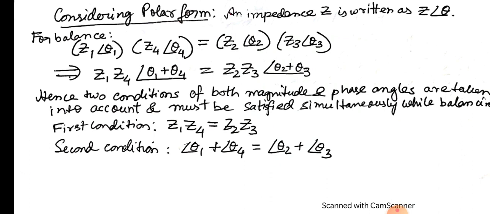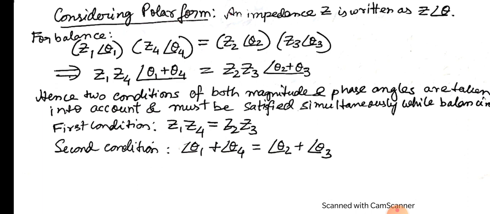So whenever you are multiplying Z1 and Z4, the angles get added. So Z1 Z4 is the product of the magnitudes, and the angular part is theta 1 plus theta 4, equal to the angular part of this side: Z2 Z3 is the magnitude part, and the angular part is theta 2 plus theta 3.